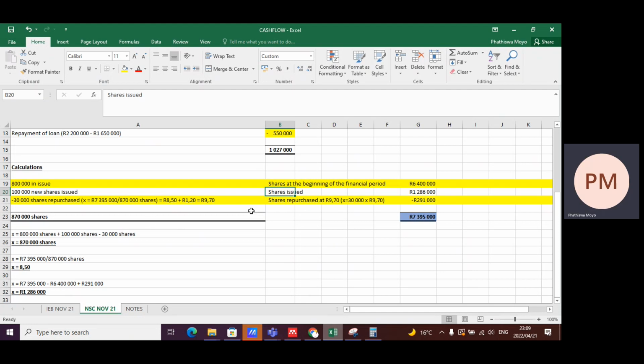So the difference here would be, it's an assumption they didn't tell you.